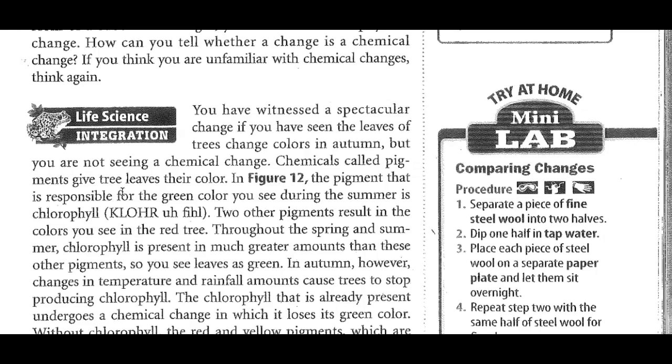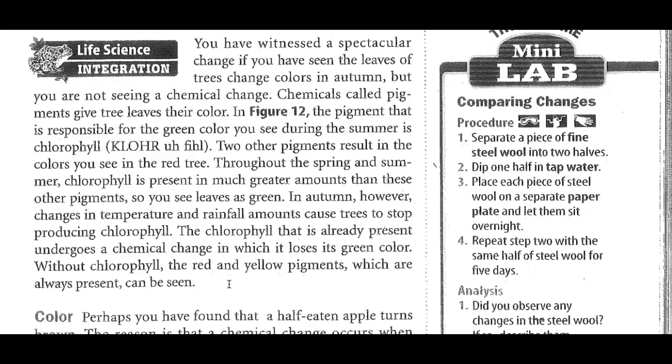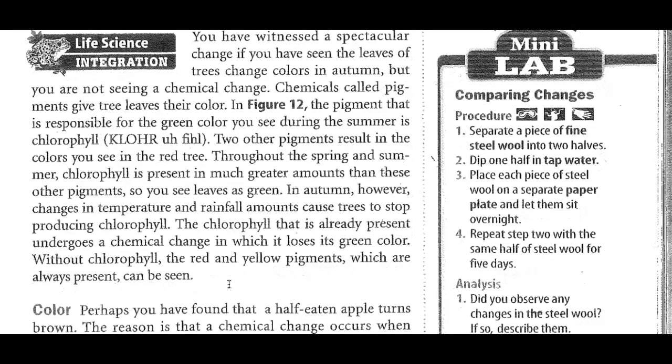Throughout the spring and summer, chlorophyll is present in much greater amounts than these other pigments, so you see it as green. In autumn, however, changes in temperature and rainfall amounts cause trees to stop producing chlorophyll. The chlorophyll that is already present undergoes a chemical change in which it loses its green color. Without chlorophyll, the red and yellow pigments, which are always there, can be seen.